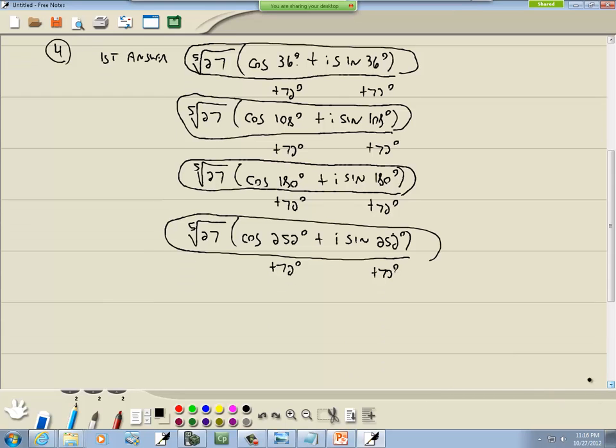And we'll have our last answer. So fifth root of 27 plus 72, 324. So we got cosine of 324 degrees plus I sine of 324 degrees.